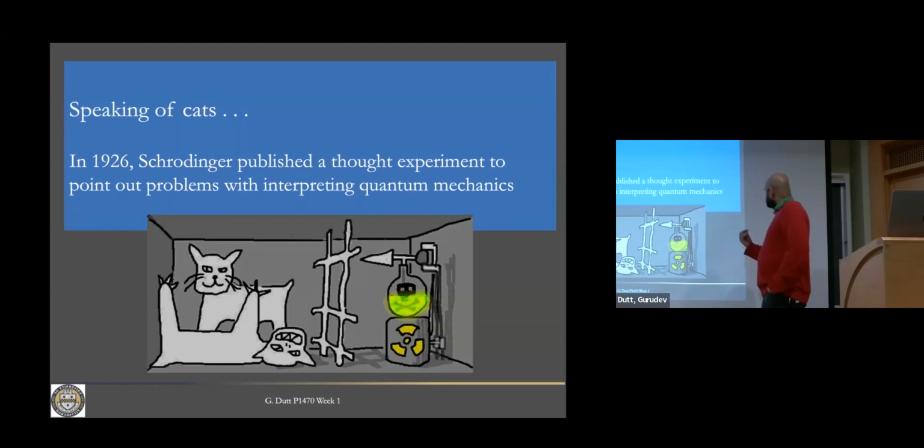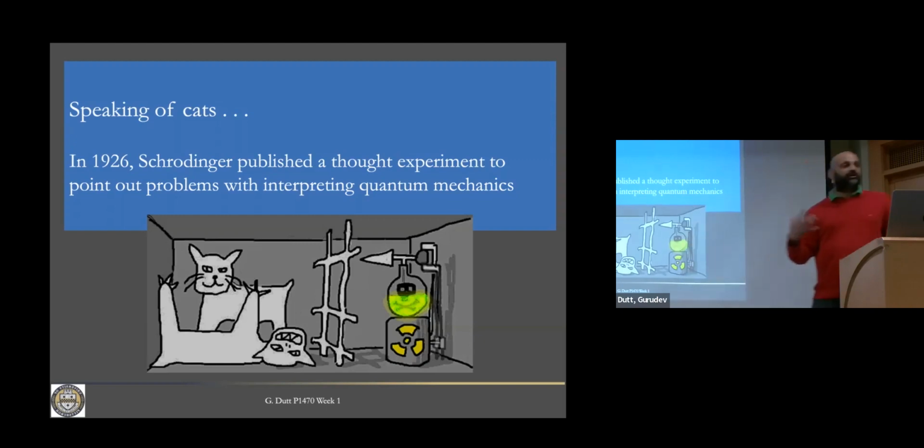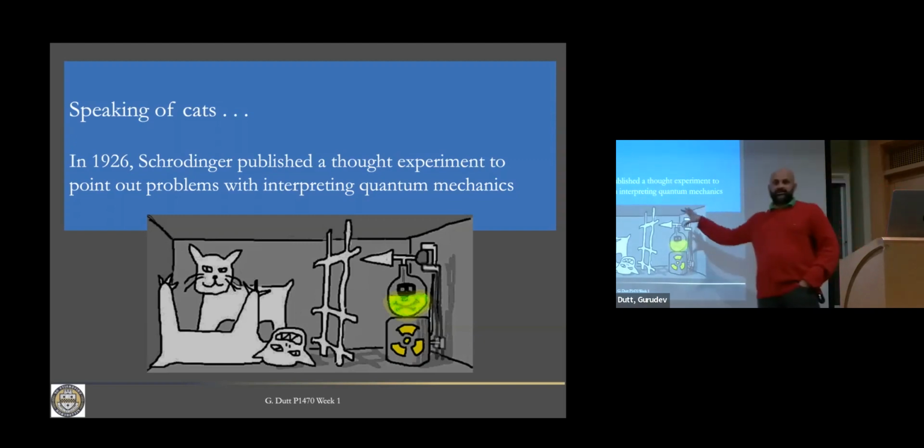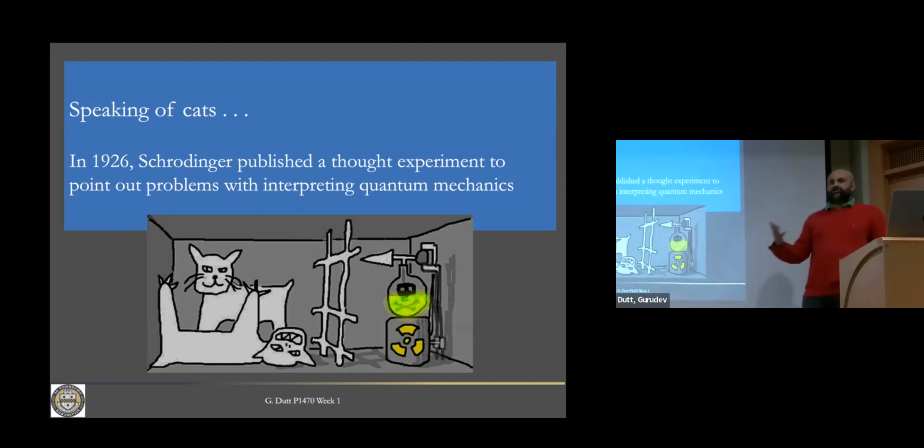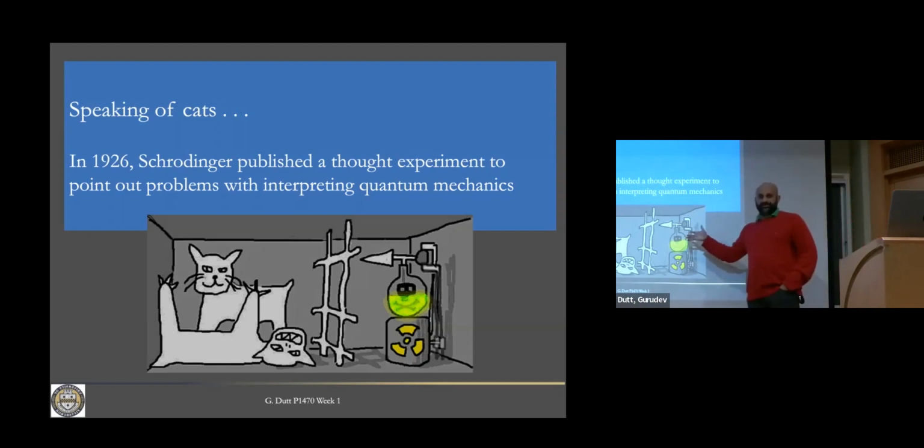So anyway, the question is, what is the state of the cat? And if this experiment is true, then indeed the cat is in a superposition in some sense of atom not decaying and the cat is alive, or atom decaying and the cat is dead. Right, so those are the two states of the whole closed box. And of course, the question is, can you really build a closed box like this?